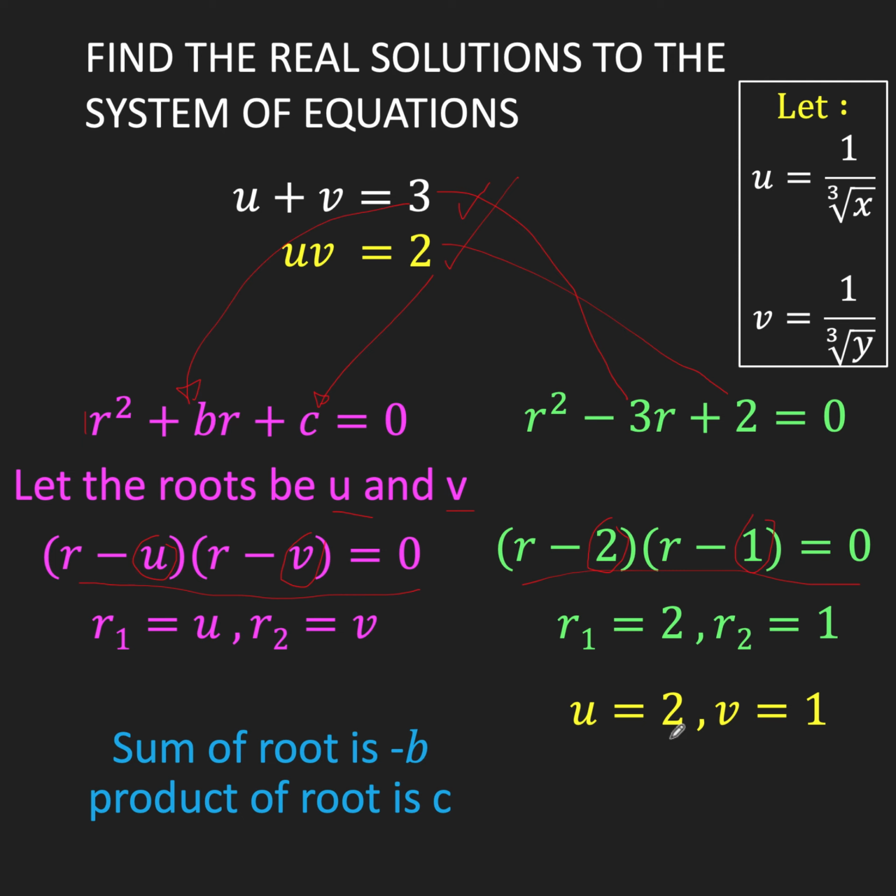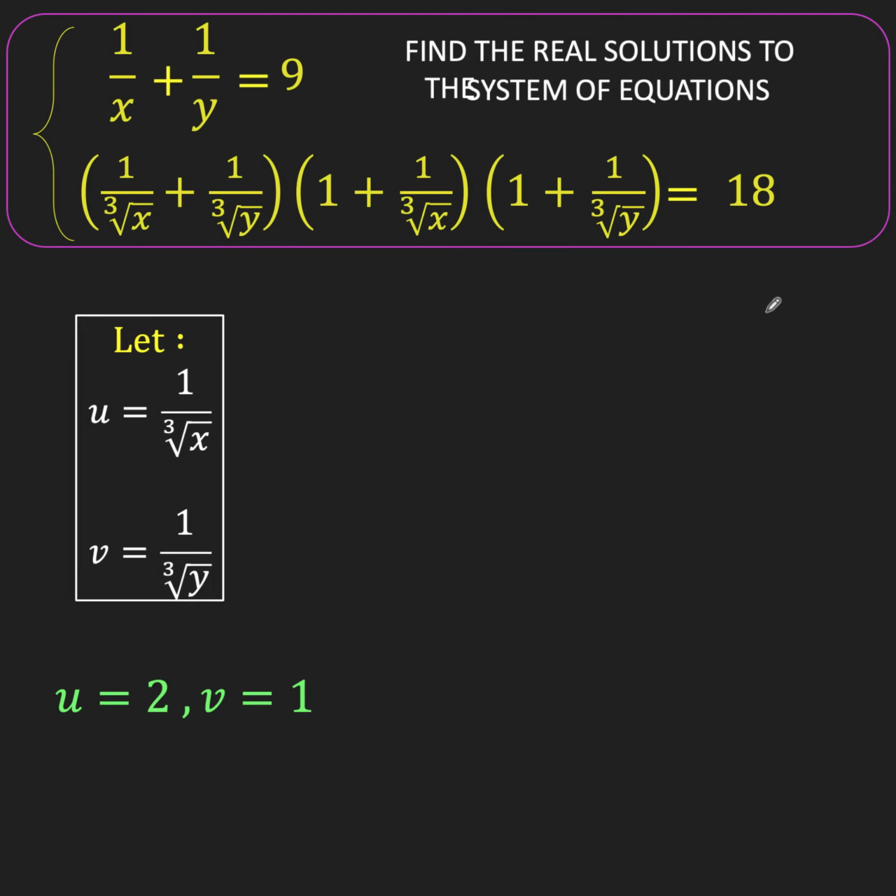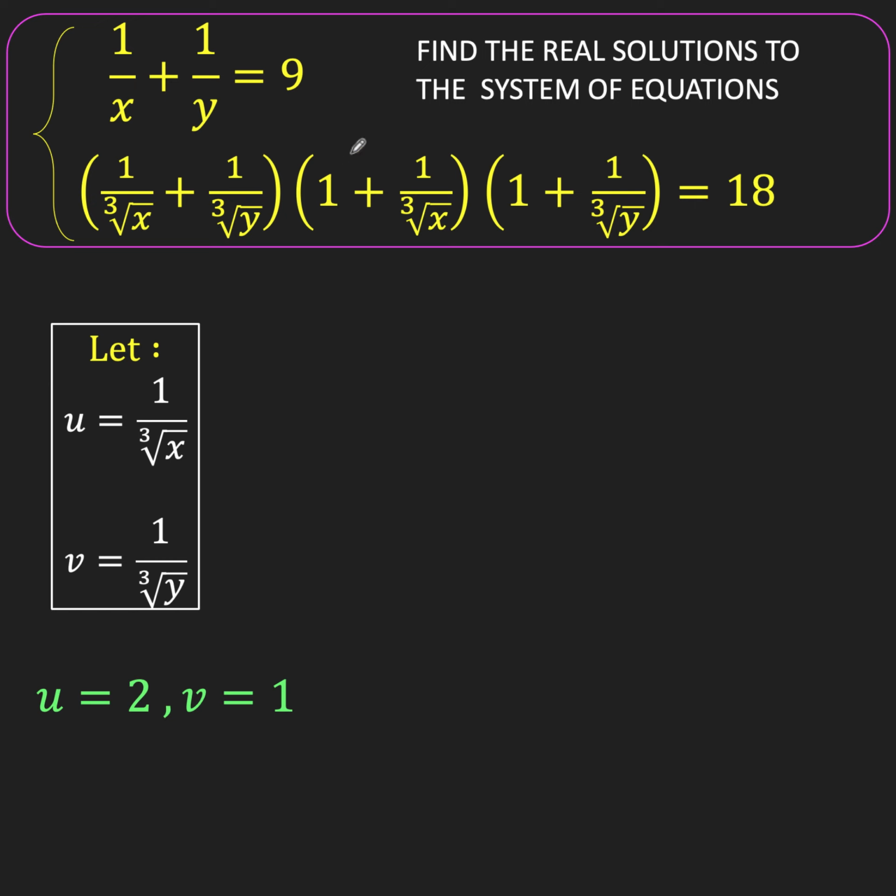So at this point, we have just computed that u is equal to 2, and v is equal to 1. And so we can now substitute these results into u and v. This is our original equation that was reduced to this system of equations with values now of u equals 2 and v equals 1.